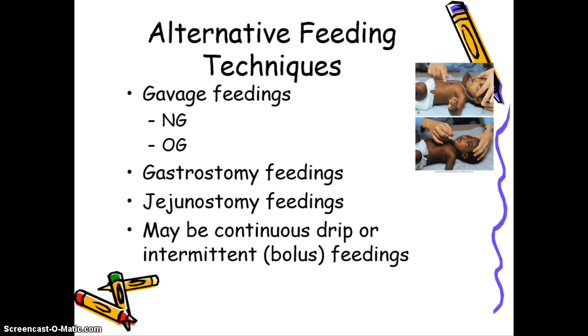So you might consider gavage feedings. With gavage feedings, it could be nasogastric or orogastric. We also have the gastrostomy or jejunostomy, or feedings through their stomach. When you are thinking about those types of things, it can be intermittent or it can be a continuous feeding.